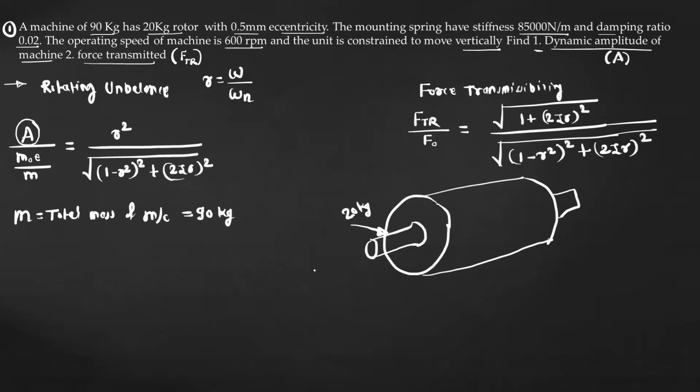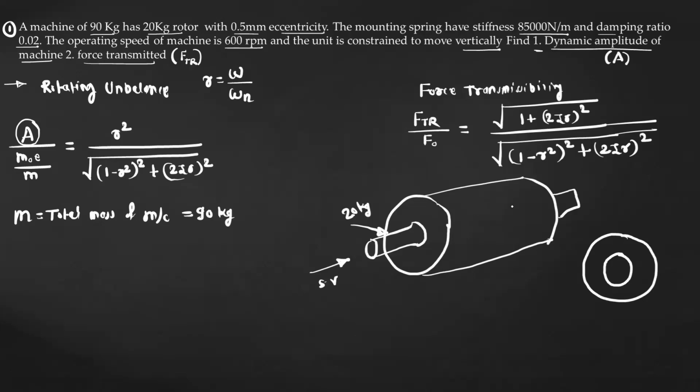Okay. So if I just draw this side view, observed from this direction, I will draw it here. So this is the casing or the stator, and this is the rotor. Okay.